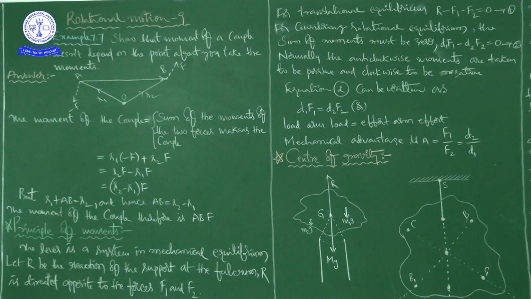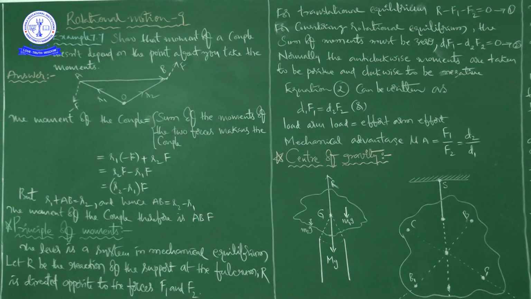The moment of the couple therefore is AB into F, the product of either of the forces and the perpendicular distance between the two forces. AB is the perpendicular distance between the two forces. Here you have to take only magnitude, so it is the product of the magnitude of either of the forces and the perpendicular distance between them.